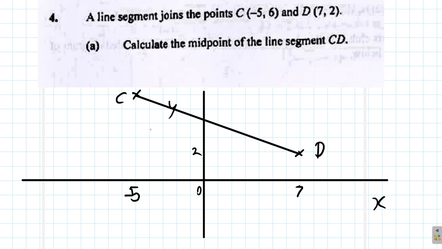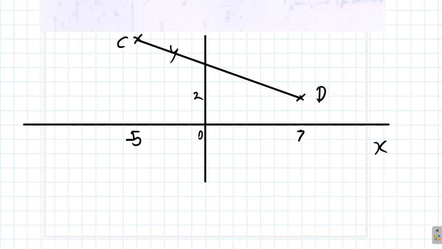Alright, now in finding out where exactly our midpoint is, remember that if you form a right angle triangle, let's form a right angle triangle here, and let me use straight lines.